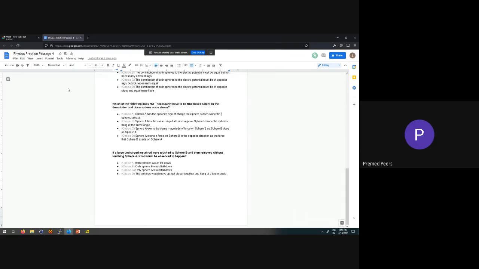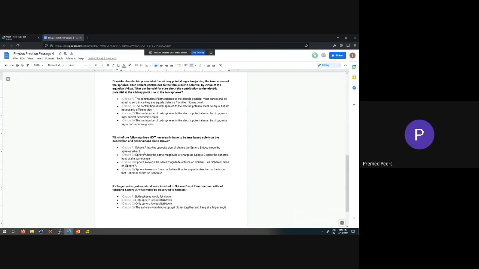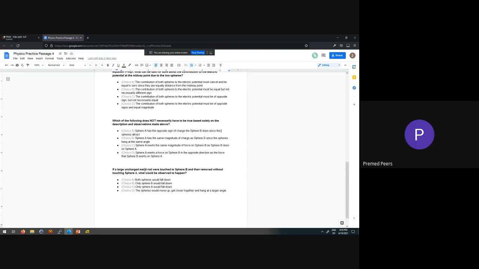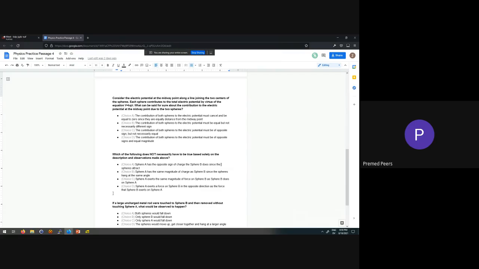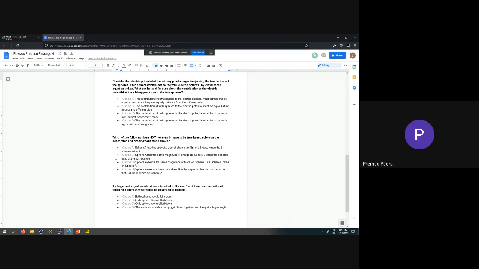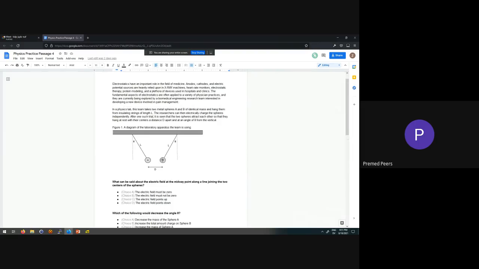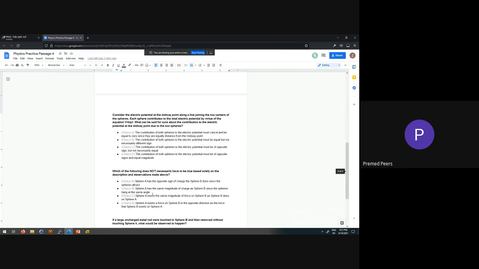So if we touch a metal rod to a metal sphere, the charge is going to move, right? Well, large rod, that's telling you that this holds a lot more charge than the spheres. So if we tap the rod on one of these, essentially all of the charge is going to be moved onto this rod. So sphere B has no charge anymore. And so both of them would fall down.